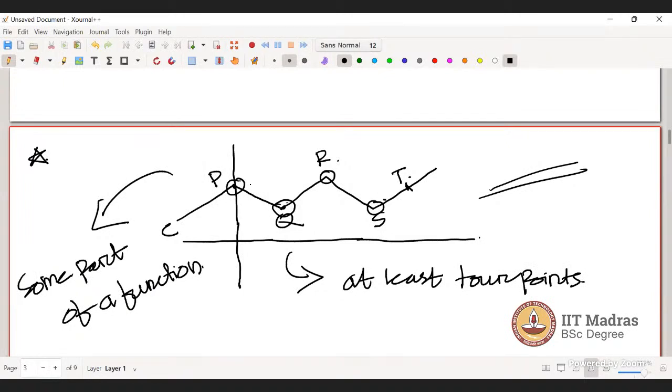That's why it's asking you the minimum number. By looking at the picture, I can tell you that P, Q, R, S are points where the function doesn't have any tangent, at least. So the minimum cardinality is basically 4. Oh, okay, I got it.